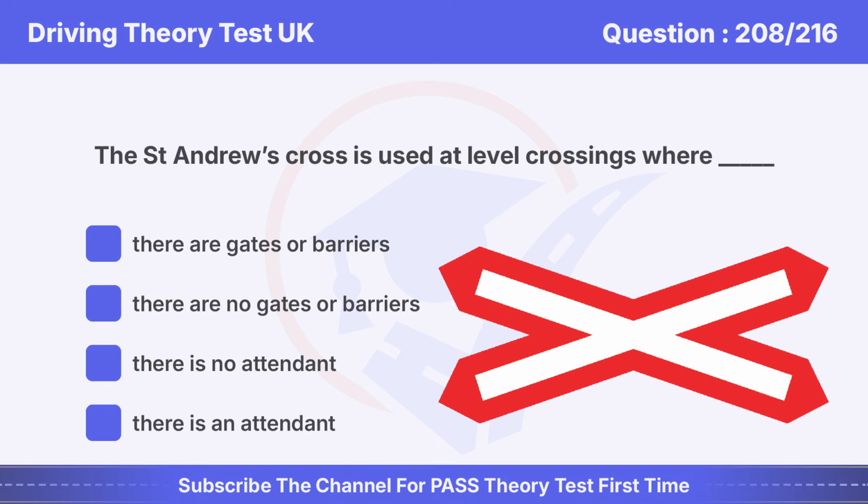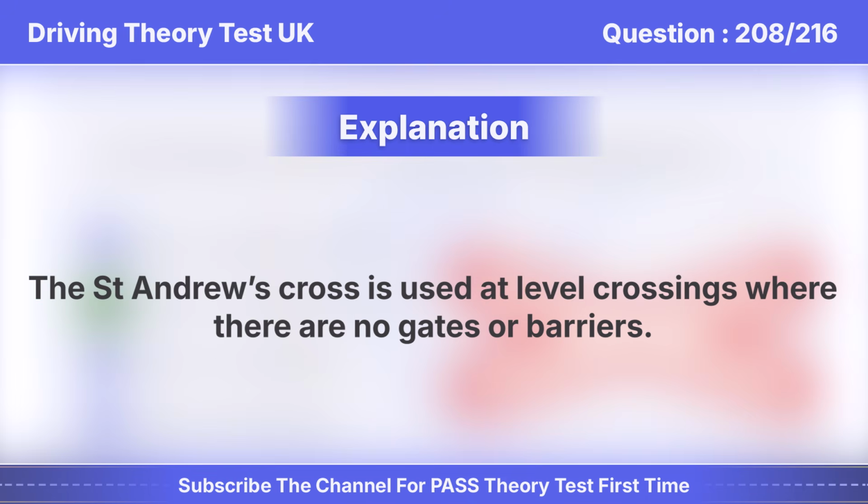Question 208. The St. Andrew's Cross is used at level crossings where? Answer is B. There are no gates or barriers. The St. Andrew's Cross is used at level crossings where there are no gates or barriers.